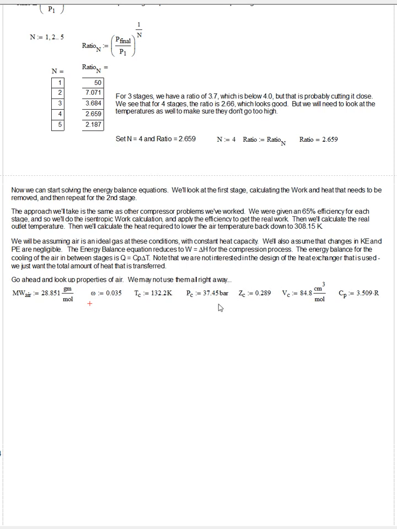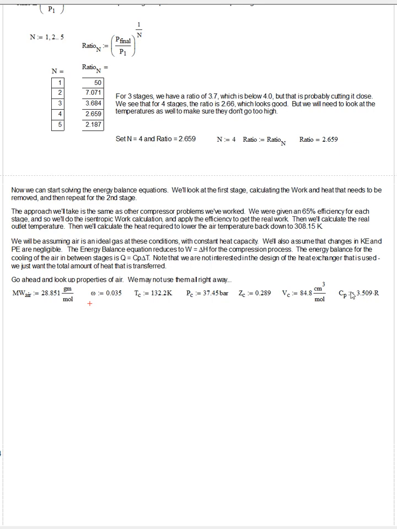Now, I went ahead and gathered all the properties of air. We won't need very many of these for this problem because we simplified to an ideal gas, so we don't have to worry about this. I did put the molecular weight in case you wanted to convert to a mass flow rate instead of a mole flow rate. And so this is in your appendix in the back of your book.